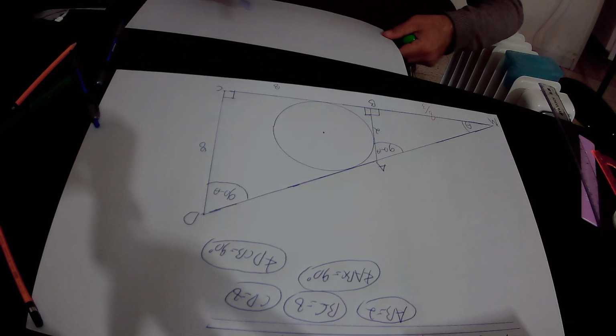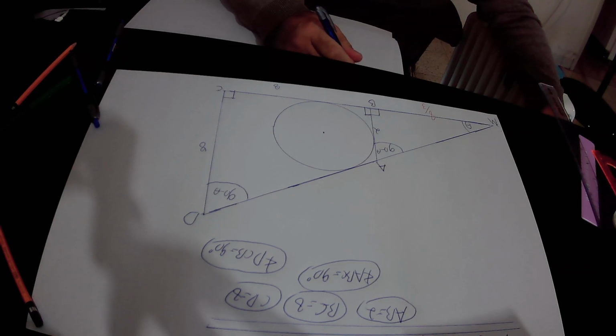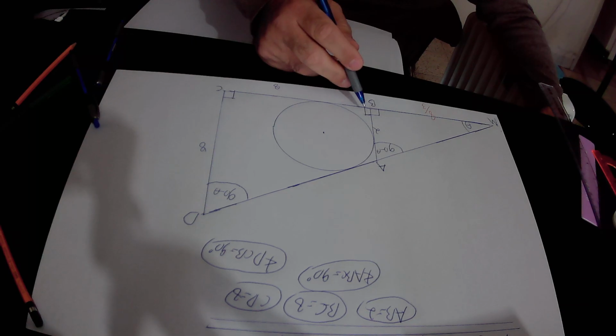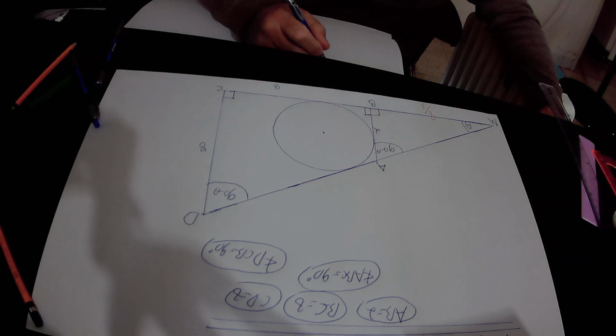So AM squared equals AB squared. AB is 2, therefore AB squared is 2 squared, that is 4, plus MB squared.